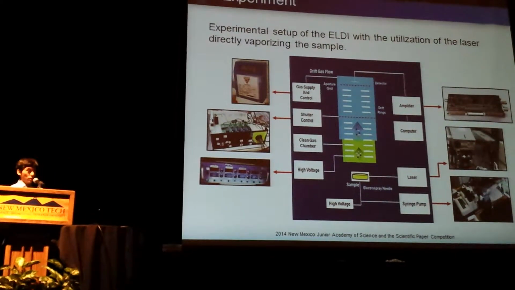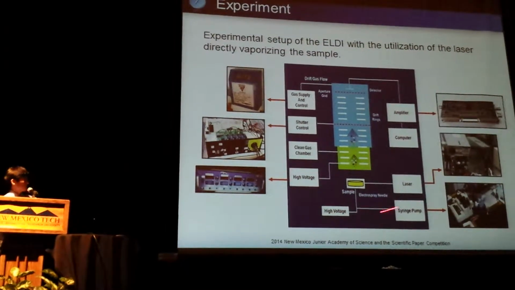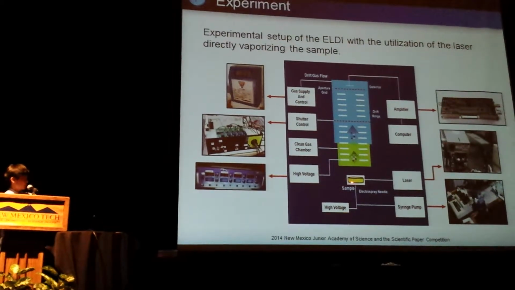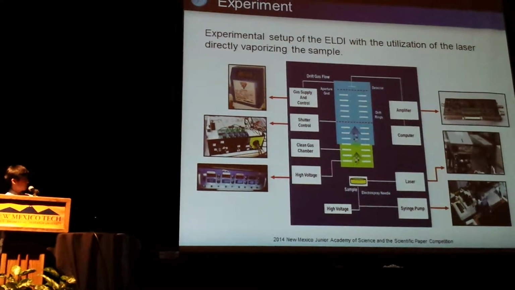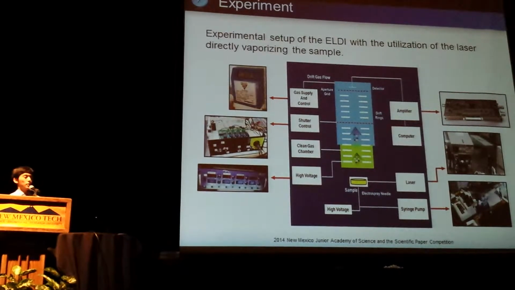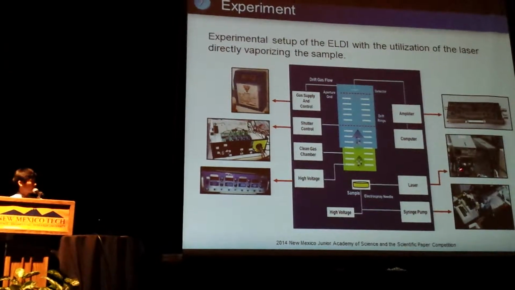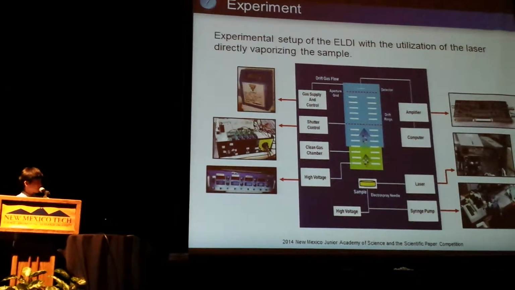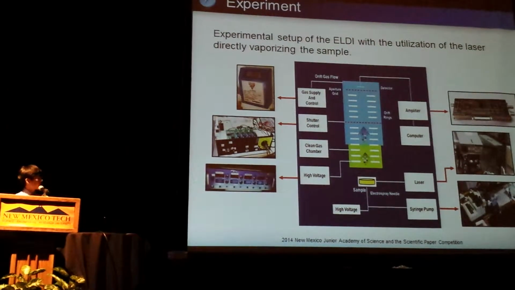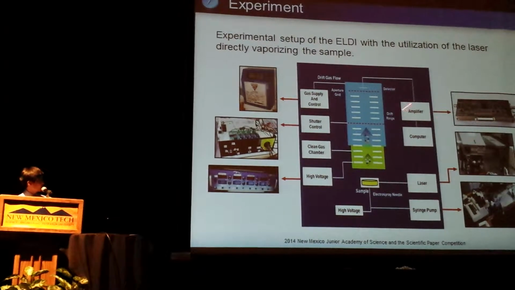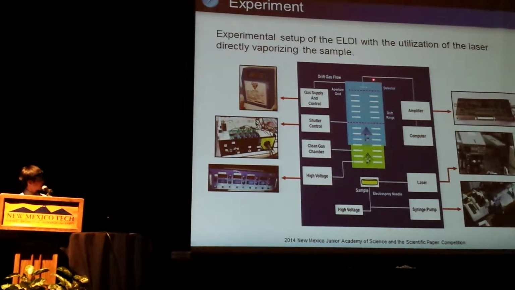Here's an overview of the rest of my experiment. Again, there's the electrospray down here, there's the sample, and then the laser hitting the sample. The laser is vaporizing the surface of the sample, so the ion plume sent by the syringe picks them up and carries them into the drift tube, and they pass the shutter and hit the detector.